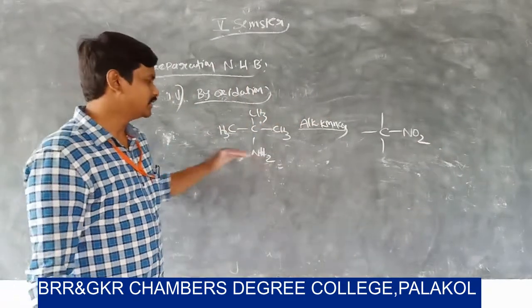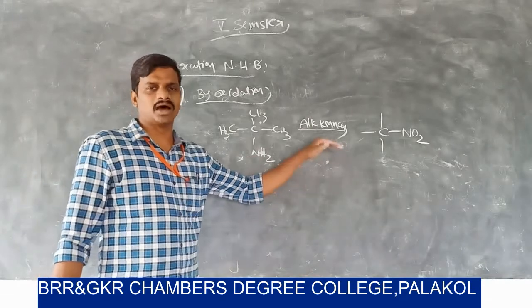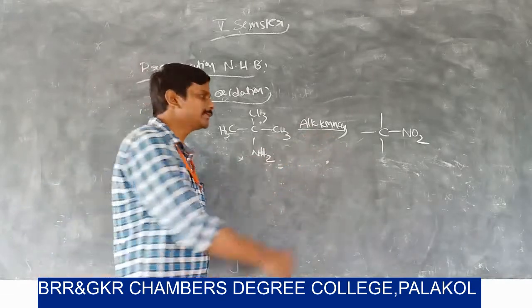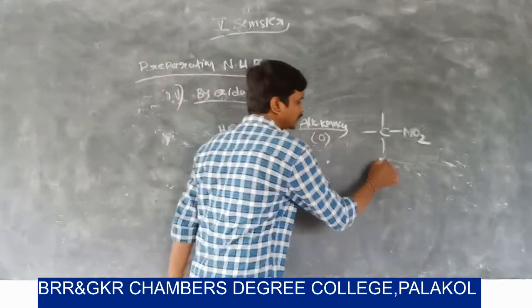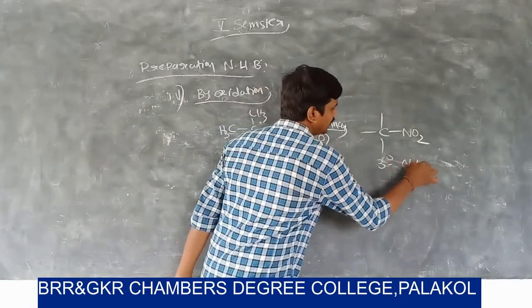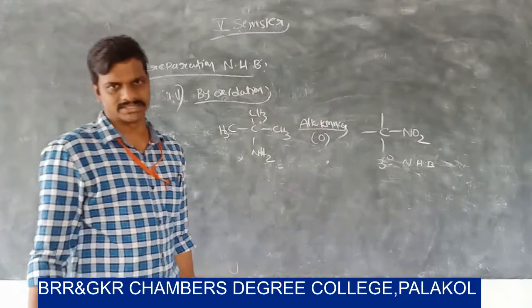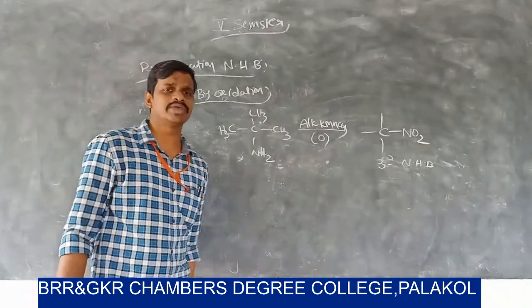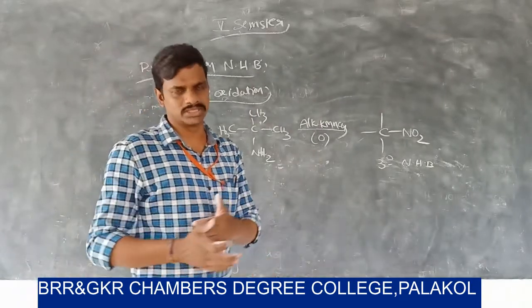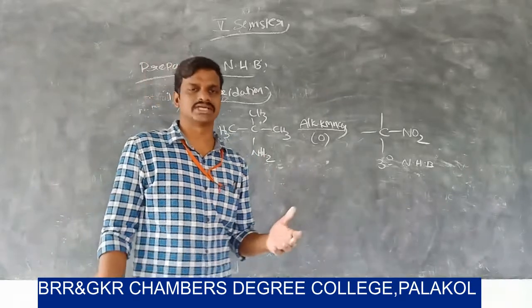Tertiary amines on oxidation with alkaline KMnO4 give tertiary aliphatic nitrohydrocarbons. Oxidation means either removal of hydrogens or addition of oxygens.